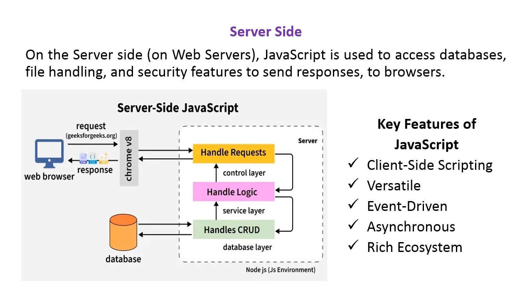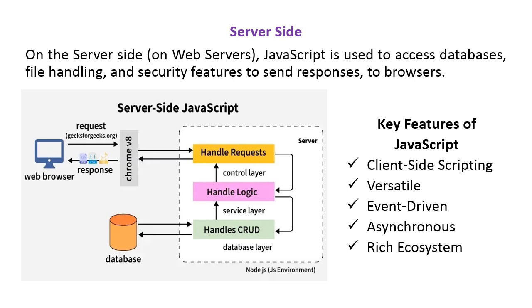Server side. On the server side, it is a web server. JavaScript is used to access databases, handle files, and provide security features to send responses to browsers. This architecture shows server-side JavaScript: the web browser sends a request to the server.